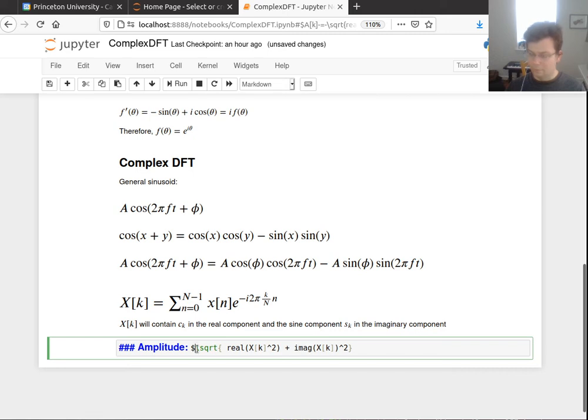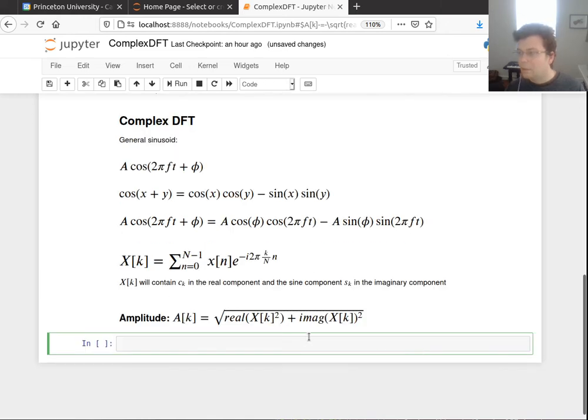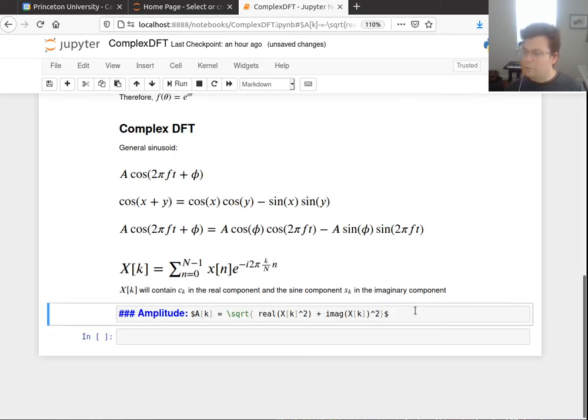So we'll say the amplitude at index k is equal to that. Just a note, this has a bunch of names, and I probably will throw different names out by accident at different times, so just be aware of that.